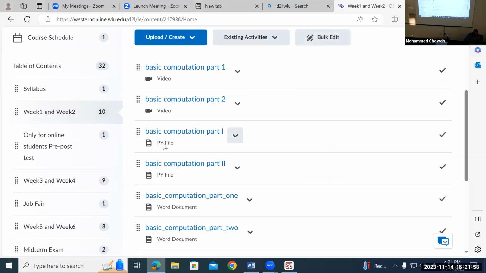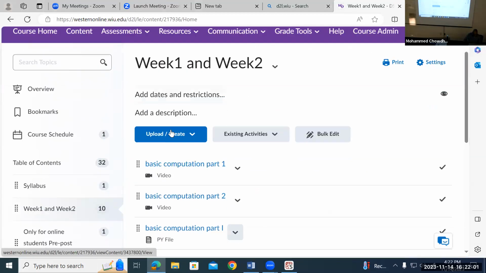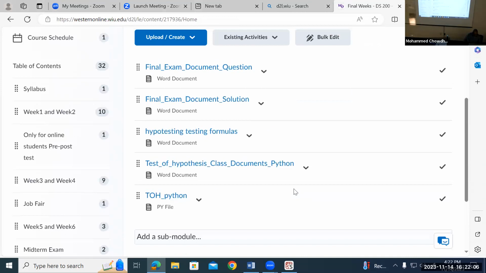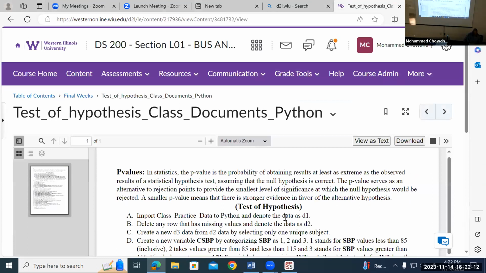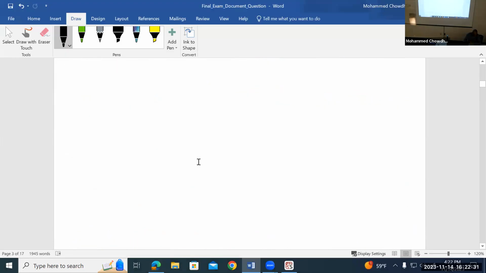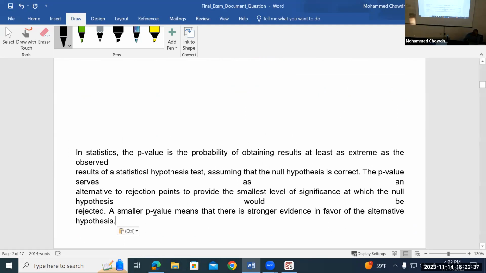In order to know the p-value, I have written a very beautiful comment in the final week's material. Let me copy and paste it here.